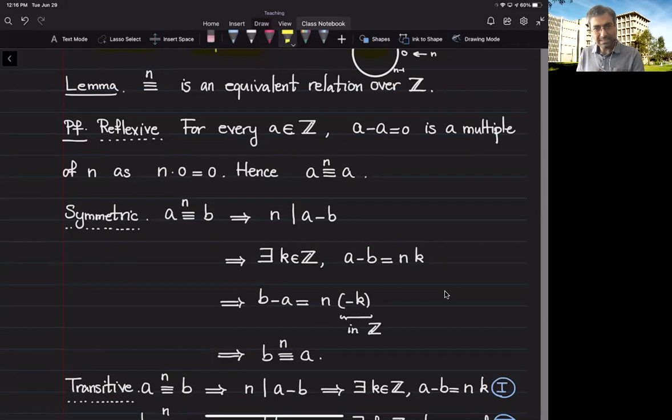That's equivalent to saying that a minus a is a multiple of n, which is the case because a minus a is 0, and 0 is a multiple of every integer because n times 0 is 0. So I deduce that a is in relation to itself, which means this congruence relation is indeed reflexive.